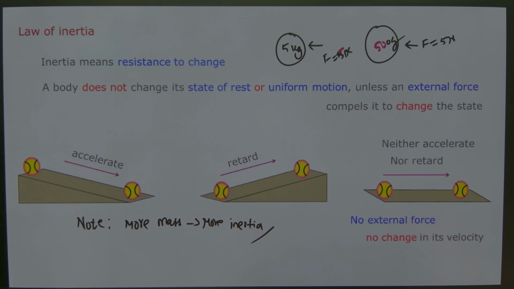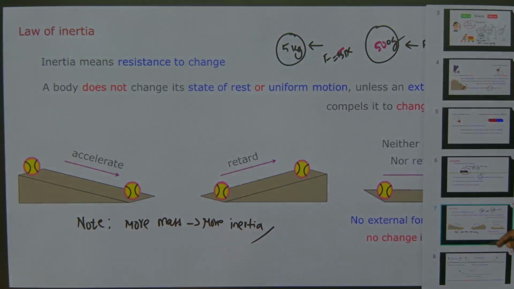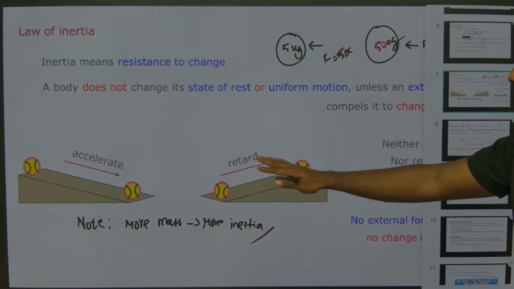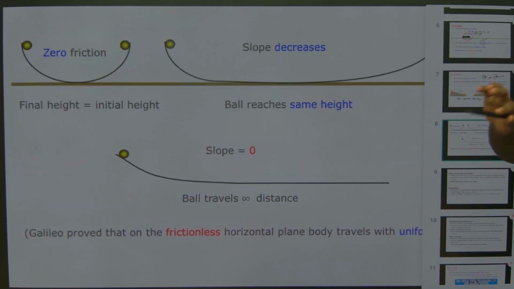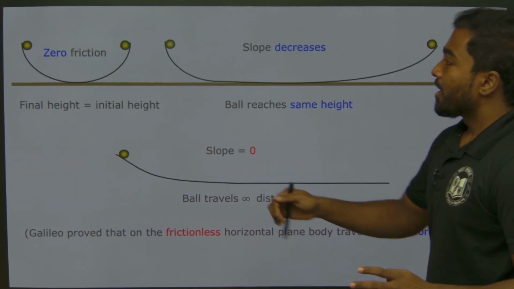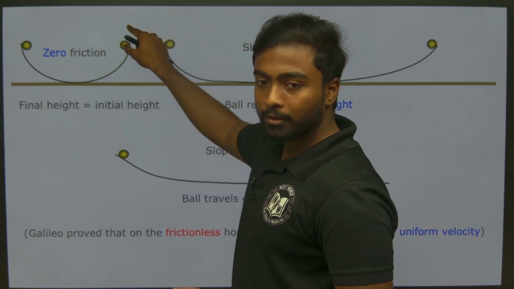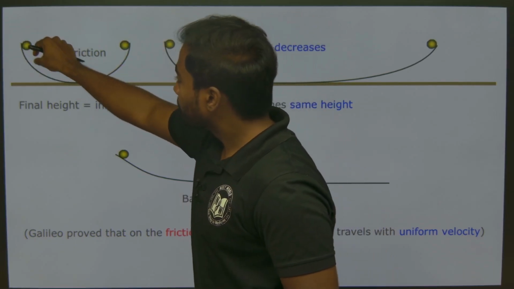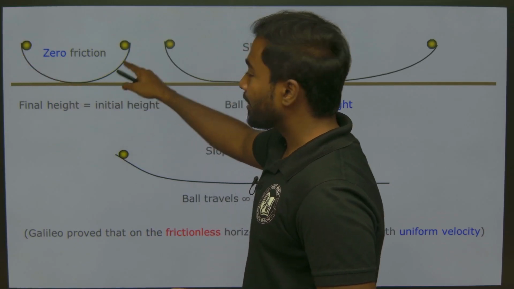Any doubt up to now? Now we will see the example of what we have done here. If I take the ball over here, the same slope is there. What will happen? Here the slope has been decreased gradually, then increased gradually.